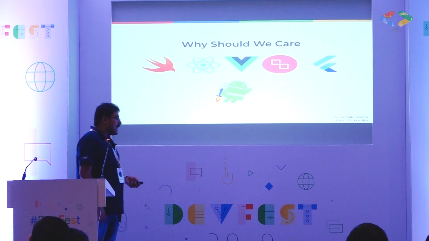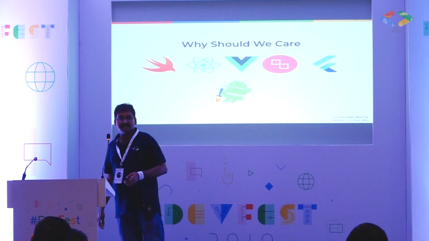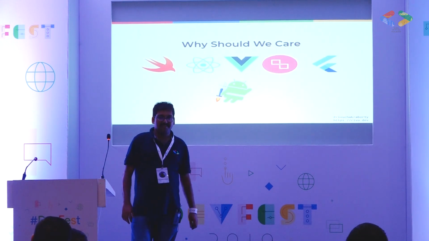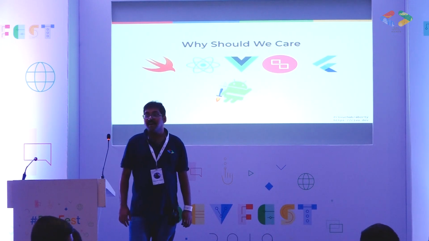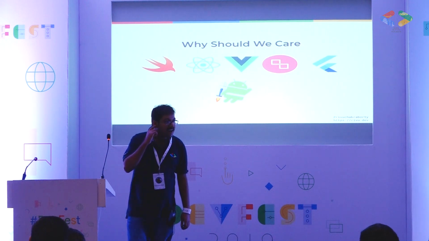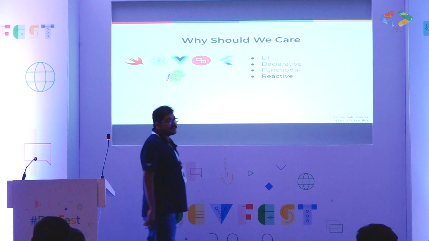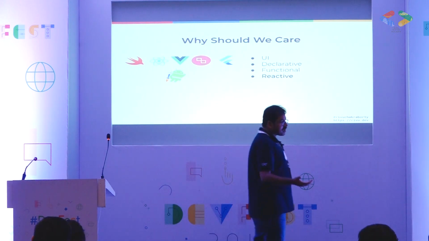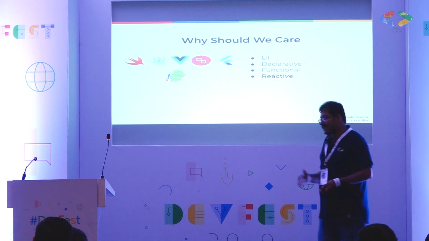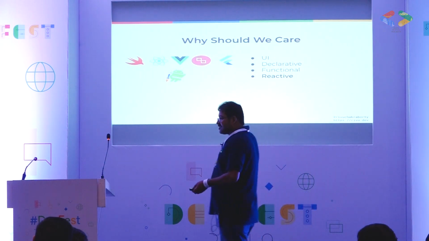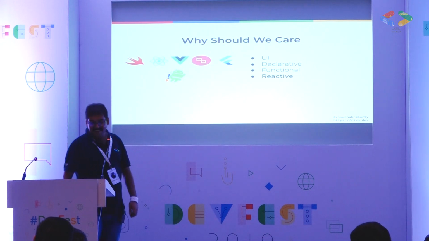Can anyone tell me the similarities between all these icons? Yeah, all are for UI, all are for functional UI development, all are reactive, at least Jetpack Compose is. I am not quite sure about others, because I don't develop using them.